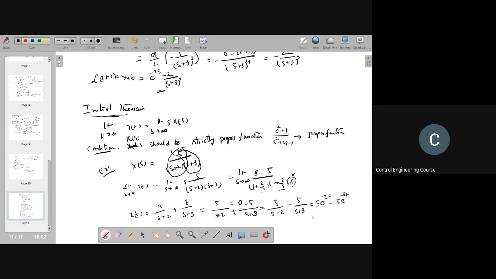If t equals 0, the initial value we wanted to find, x of t equals 5 minus 5, that is 0. So you got the same answer here also, right?